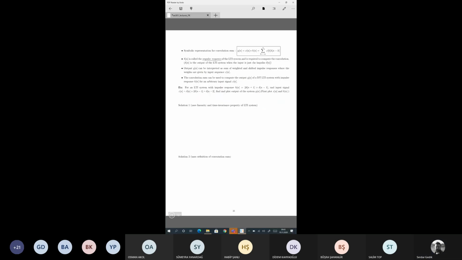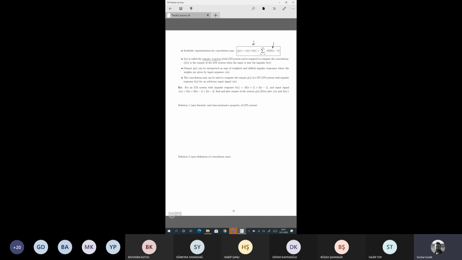Let's write it once more. This is the symbolic representation for the convolution sum. So I have y of n is x of n convolved with h of n, and this is the closed form expression.